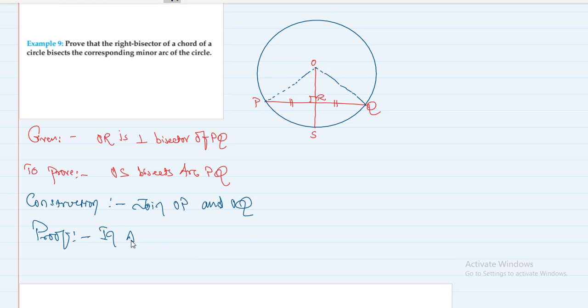Now we have to consider triangle OPR and triangle OQR. These two triangles are congruent by the RHS test. Triangle OPR is congruent to triangle OQR by the RHS test.